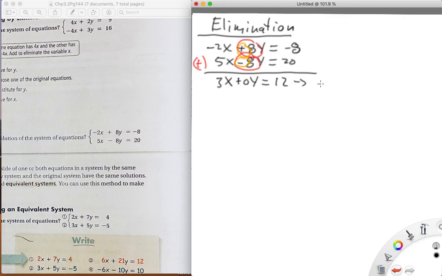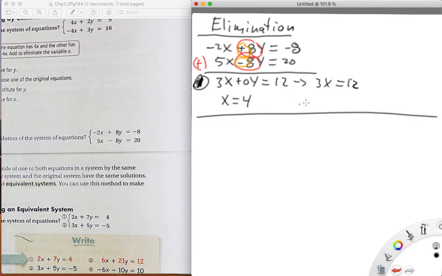So then I have 3x is equal to 12. And then I can solve. This is step 1 right away: add and eliminate. X equals 4. So we found our first one. Then we can plug 4 into either equation, either the first one or the second one.